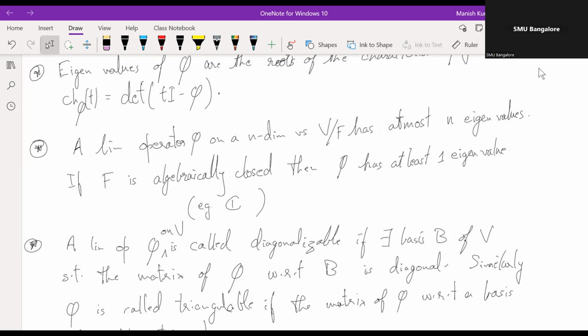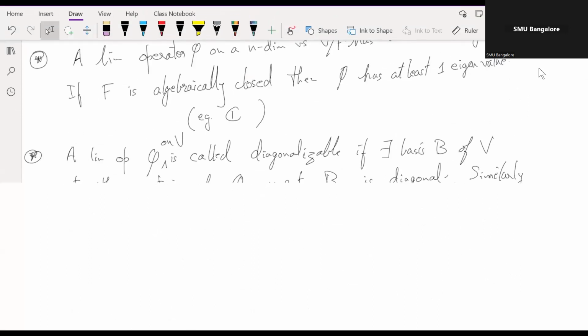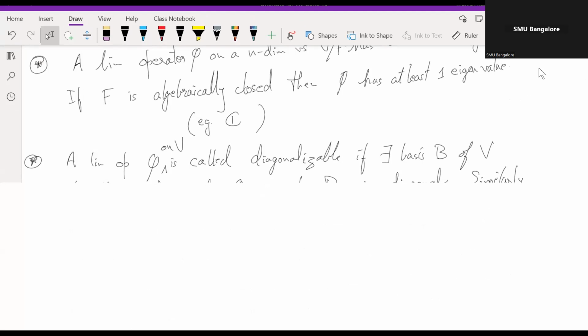That pretty much means that we can find a basis of V such that the matrix of phi with respect to it is diagonal. This will be our definition. And similarly for triangulable, and maybe the other thing will be a consequence. So maybe let's split it that way.